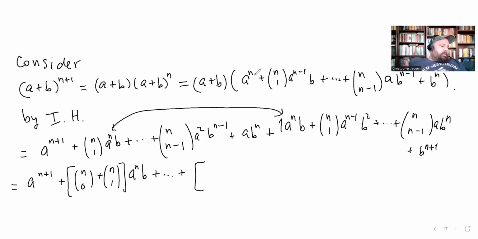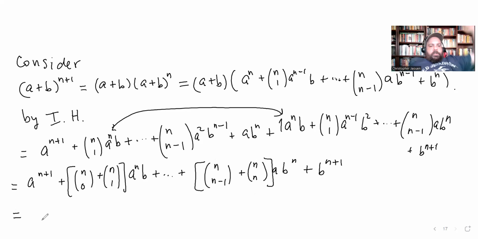I'm trying to save space by not writing out more terms, but this will be n choose n minus 1, plus n choose n, a b to the n, plus b to the n plus 1.